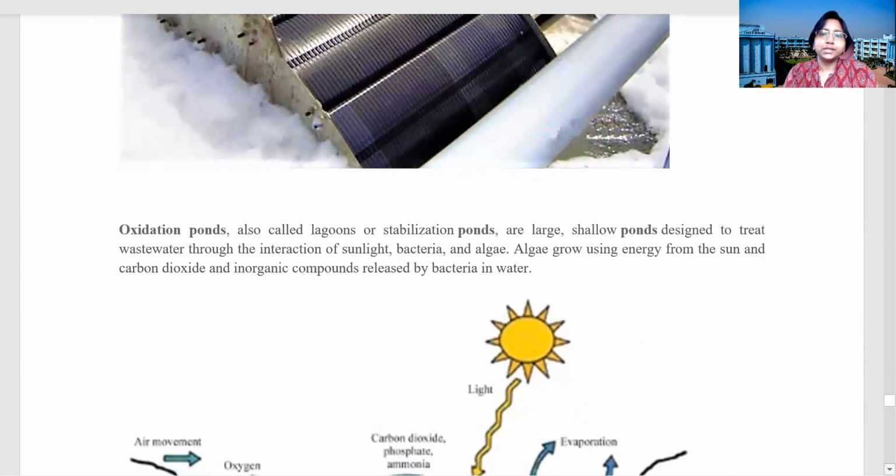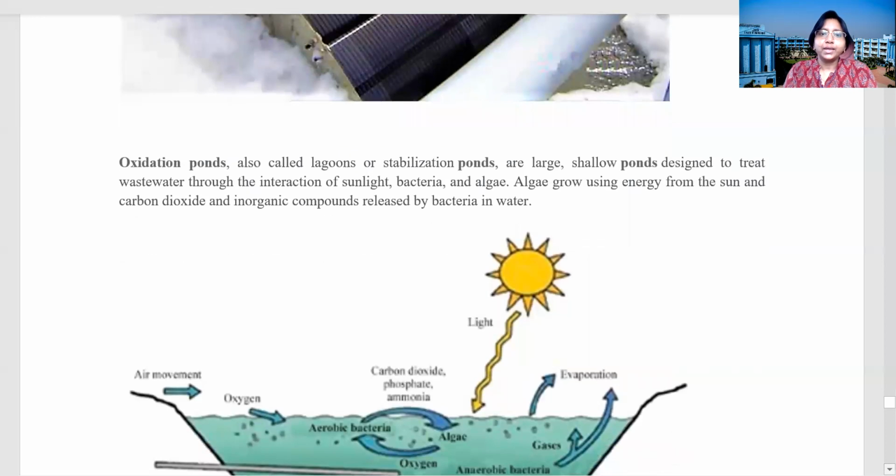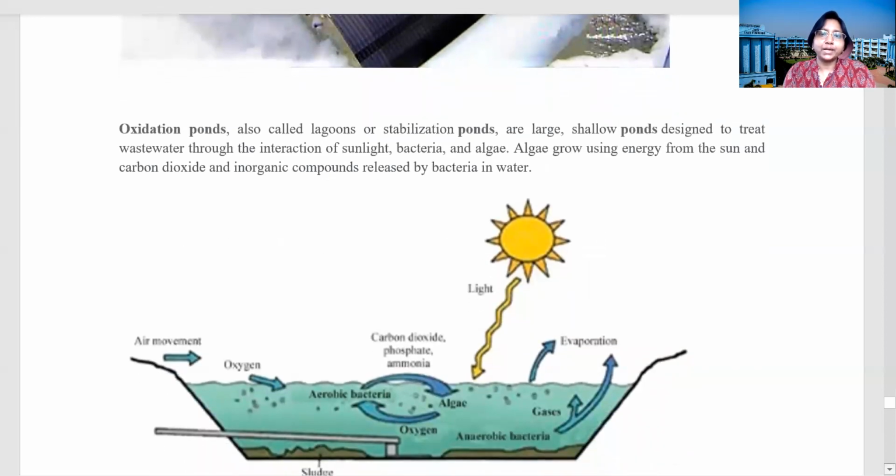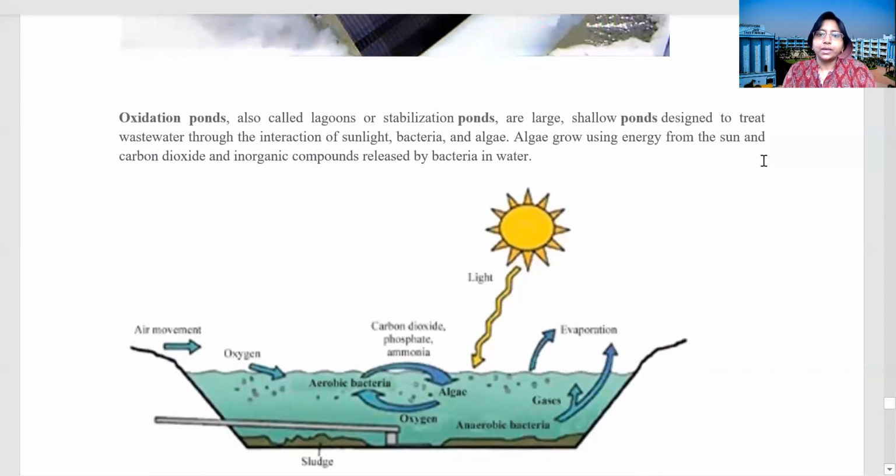Next is the oxidation pond. Oxidation ponds, also called lagoons or stabilization ponds, are large shallow ponds designed to treat wastewater through the interaction of sunlight, bacteria, and algae.